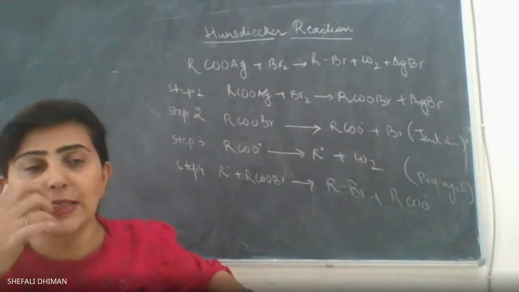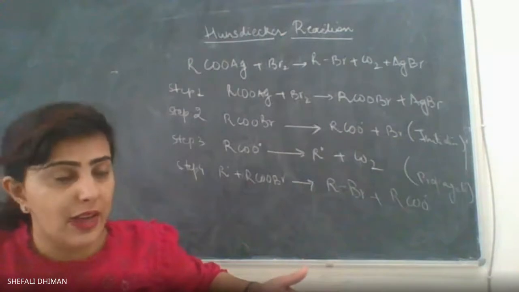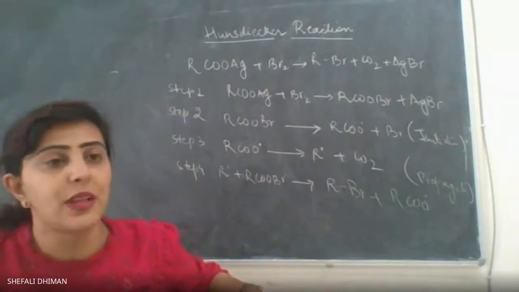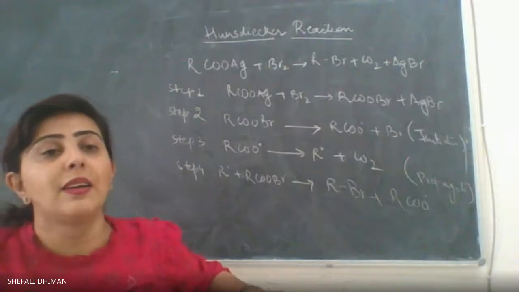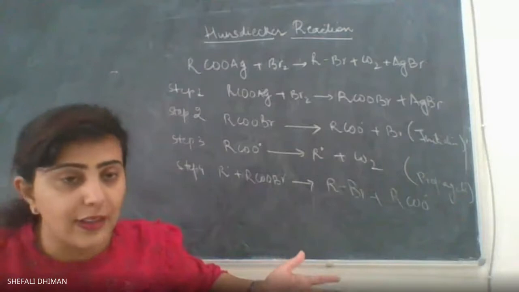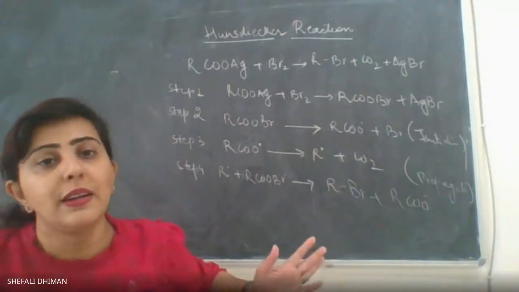So again, this is a very simple example. A direct question is asked based upon the Hunsdiecker reaction. You are asked to describe the Hunsdiecker process and why it is a free radical driven reaction. The reason is that it involves radicals, in a reaction which has 3 steps: initiation, propagation, and termination.